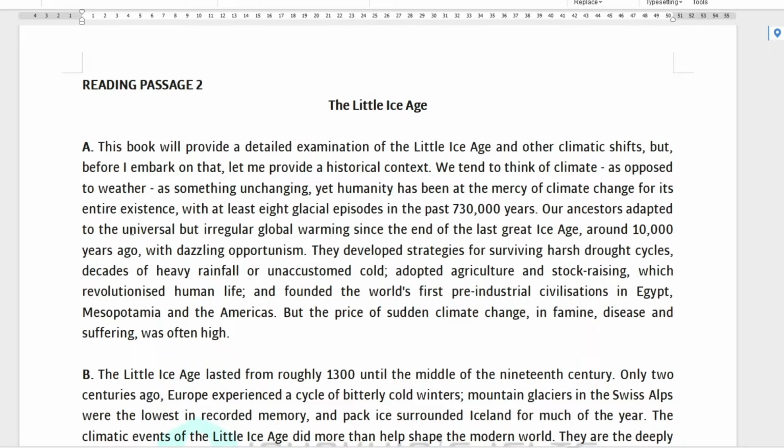Our ancestors adapted to the universal but irregular global warming since the end of the last great ice age around 10,000 years ago with dazzling opportunism. They developed strategies for surviving harsh drought cycles, decades of heavy rainfall, or unaccustomed cold, adapted to agriculture and stock raising, which revolutionized human life, and founded the world's first pre-industrial civilization in Egypt, Mesopotamia, and the Americas. But the price of sudden climate change in famine, disease, and suffering was often high.